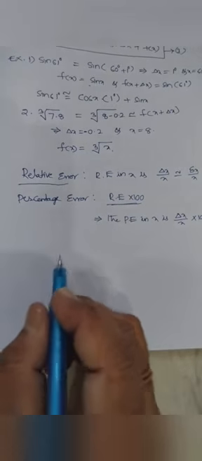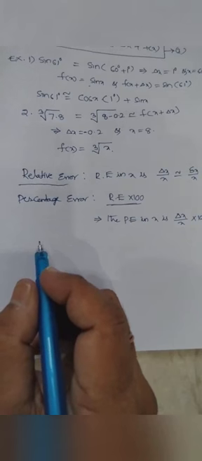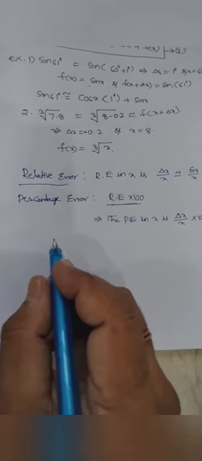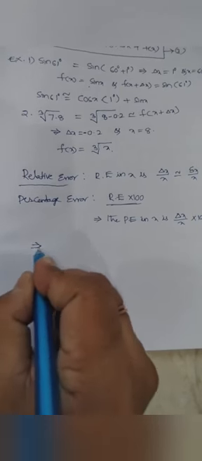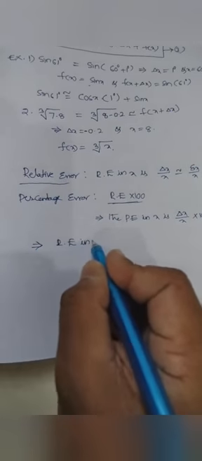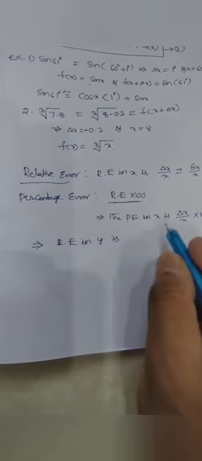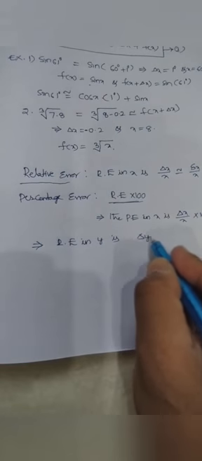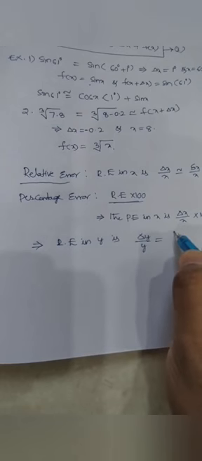Relative error and percentage error, we will find the relative error in y also. That implies relative error in y is delta y by y, and it is also indicated as this delta y by y.